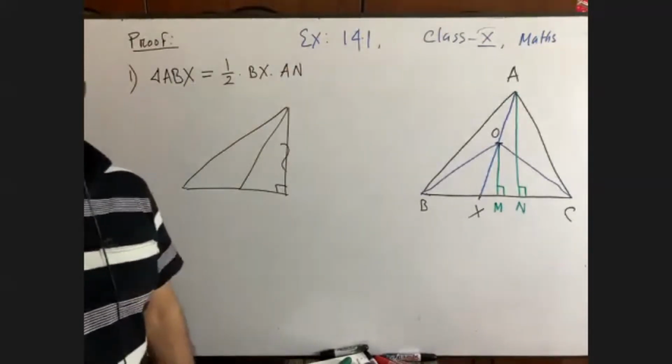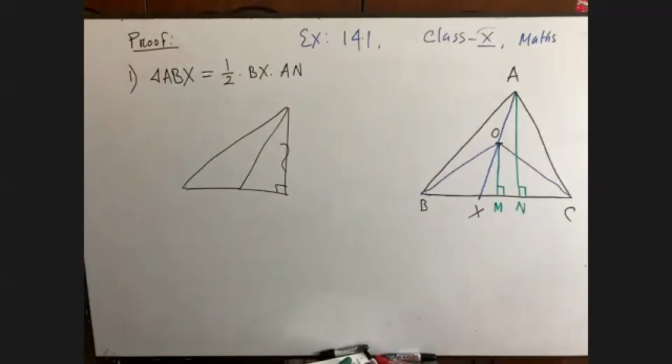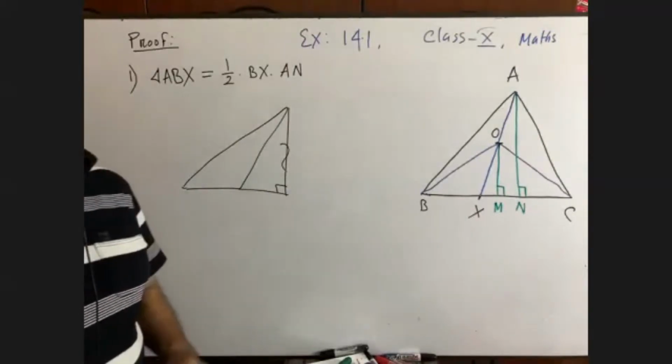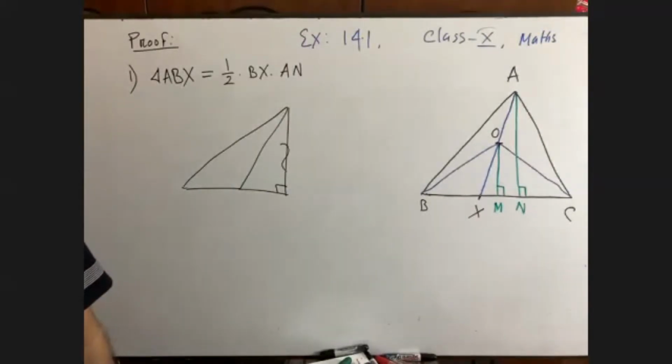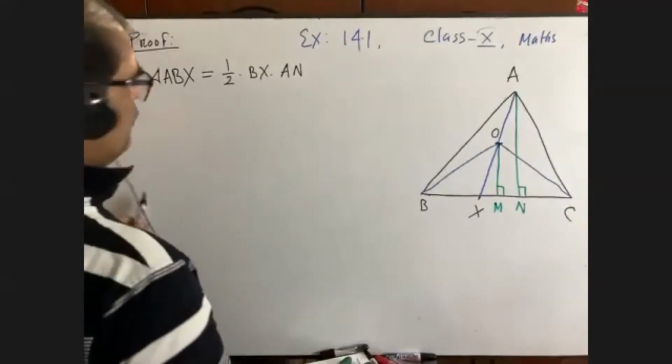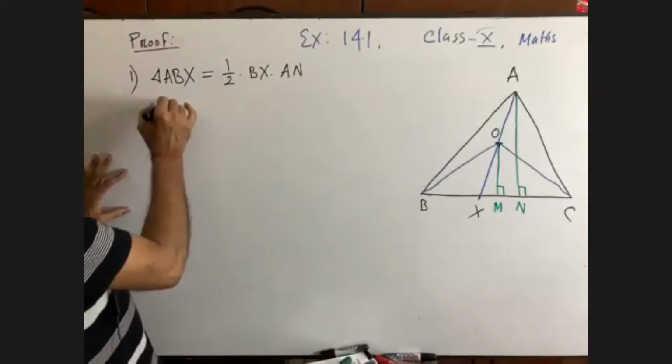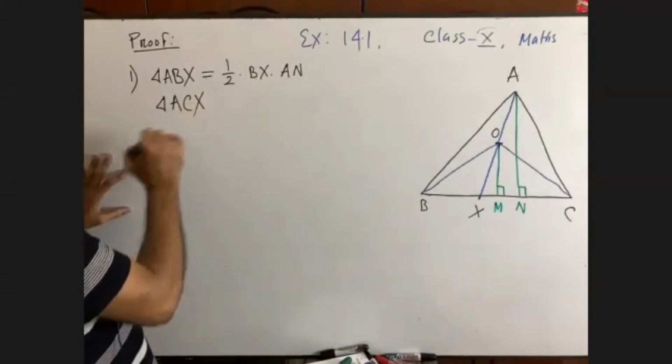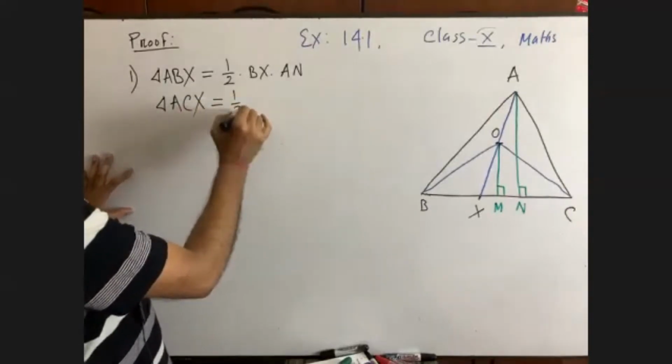AN is the height of the triangle ABX, okay? Very good. Now please let me know what is the height of triangle ACX?